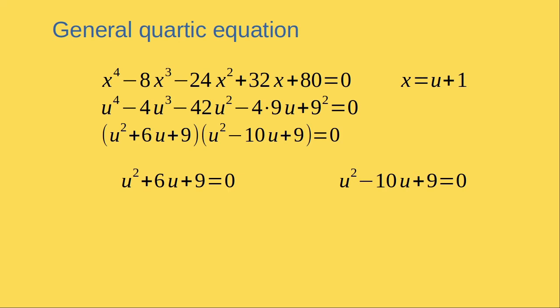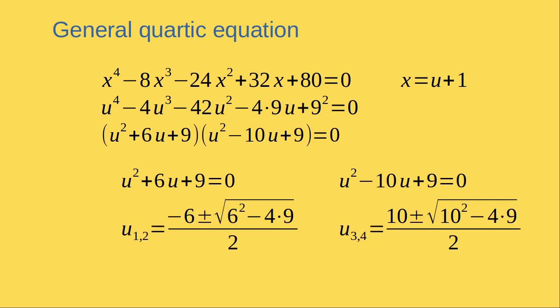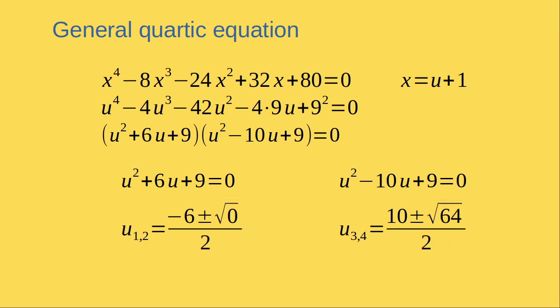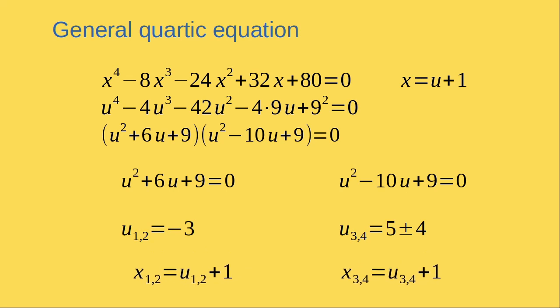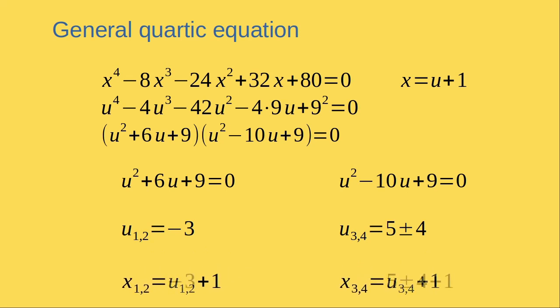We solve them using our preferred method. And we get the solutions minus 3 and 5 plus minus 4. To obtain the solutions for x we plug the values for u into our substitution formula. And in the end we get minus 2 and 6 plus minus 4 as solutions for x.